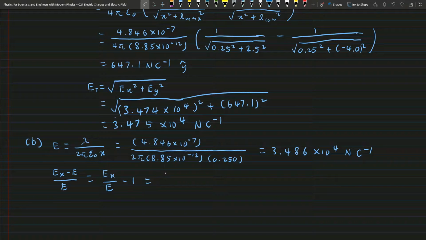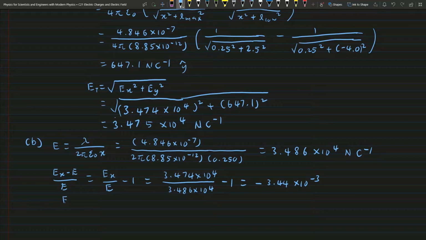So 3.4746 over 3.486, minus 1. This gives us negative 3.44 × 10^-3.